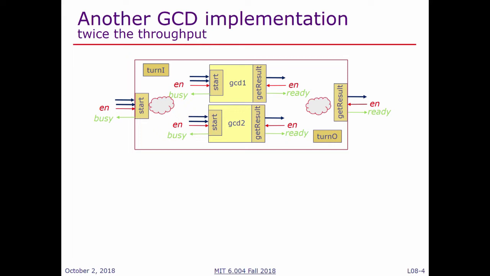If the first one had gone to GCD 1, then I want to pick up the results from GCD 1, and that's being encoded using this turn output slide. So whose turn is it? So turn input tells me at the input time whether I should use this one or the other one. And similarly, at the output, I have turn output, which tells me whether I should pick up the results from GCD 1 or from GCD 2.